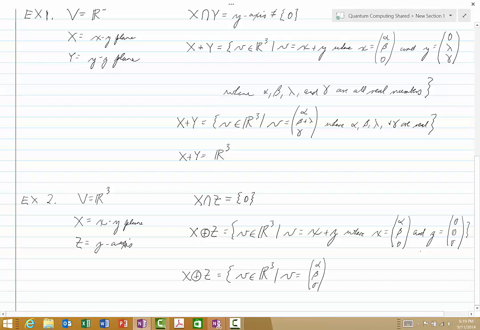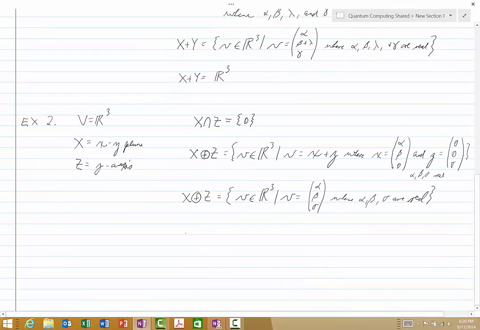And I should have included here that alpha, beta, and sigma are real. And of course, then, as before, that just ends up being all of R3.